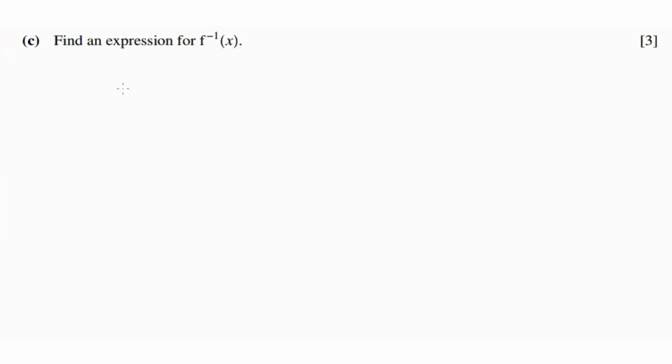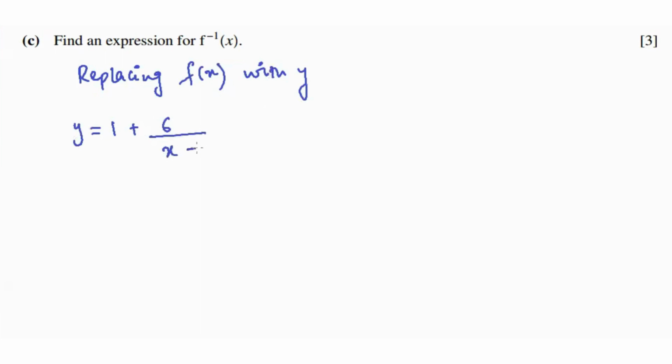Then it says find the expression for f inverse of x. For this, we will begin by replacing f of x with y. So that's y equals 1 plus 6 over x minus 3. Now we need to make x the subject of the equation.